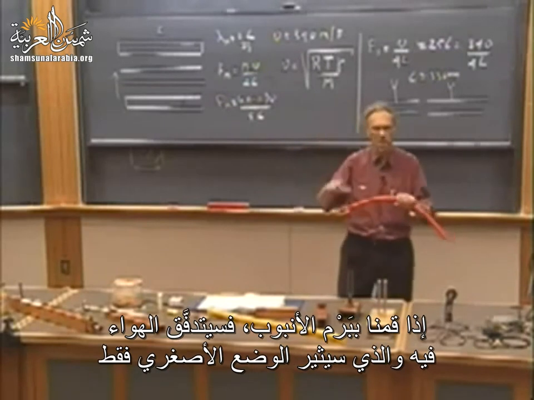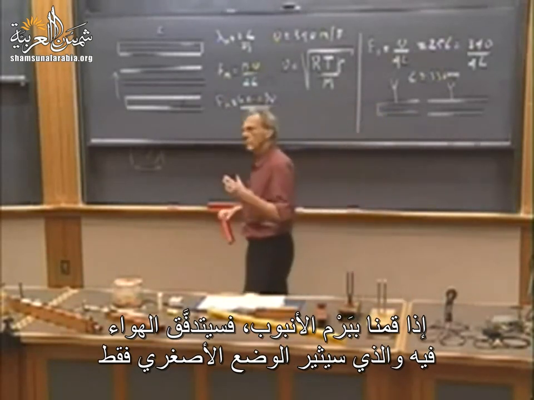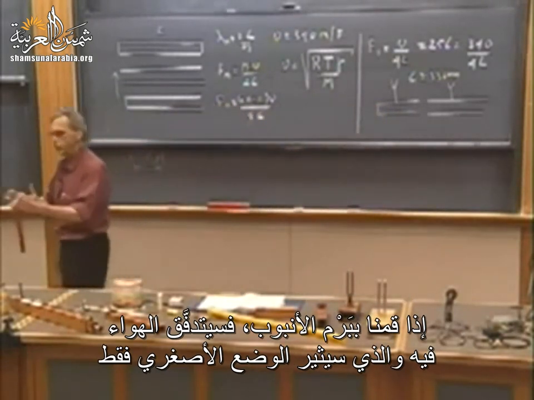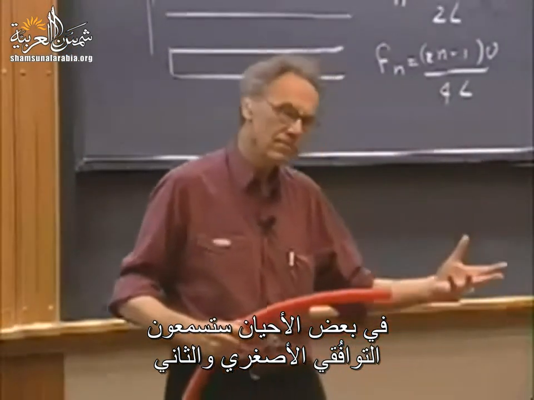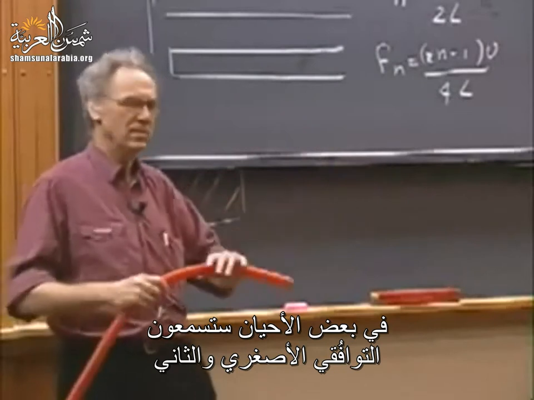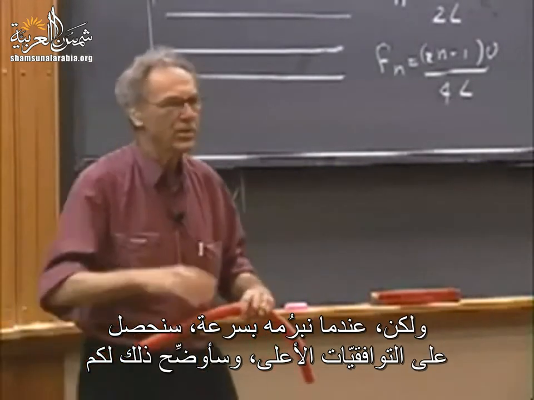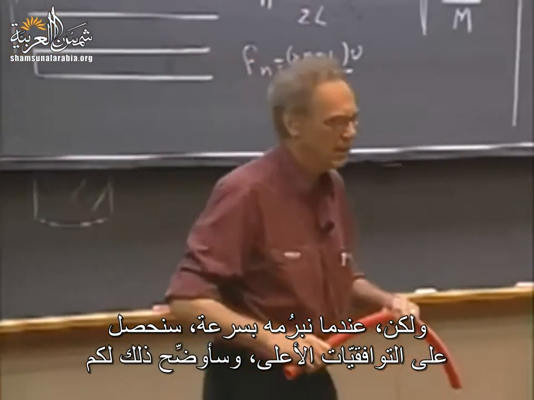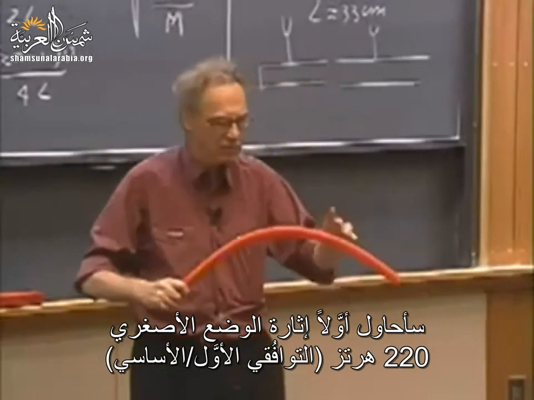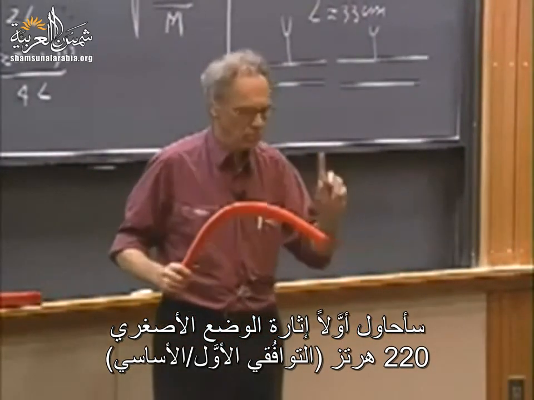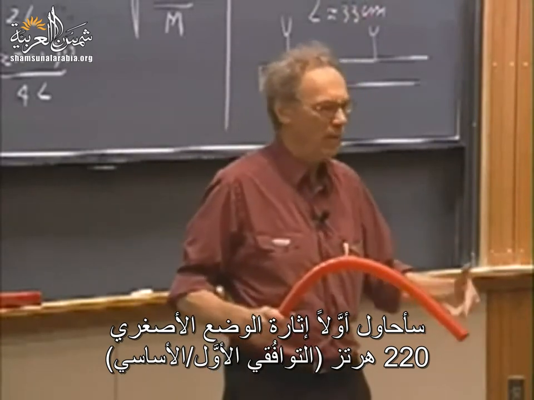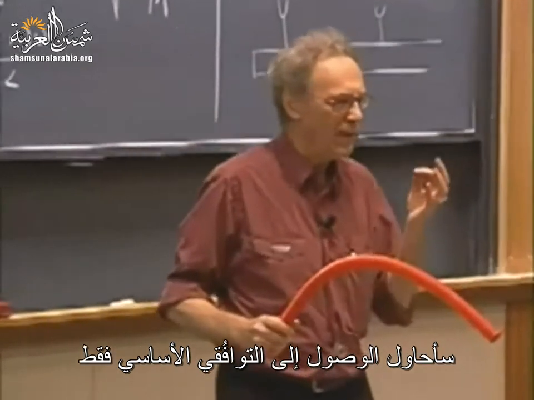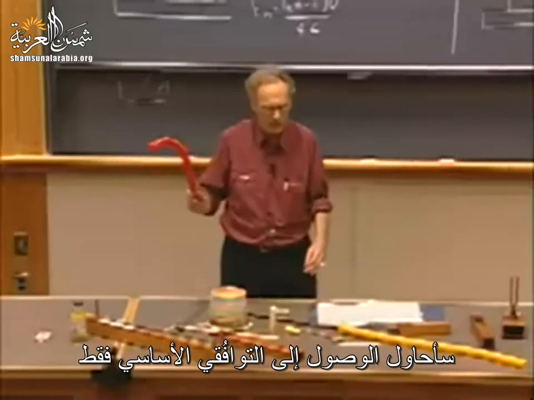And by twirling this around, with a little bit of luck, you can get a wind flow past here, which only excites the lowest mode. Sometimes you hear the lowest one and the second, but when you twirl it faster, you get higher harmonics. And I want to demonstrate this to you. I'll first try to excite the 220, which is the lowest mode possible, which is the first harmonic, the fundamental, and I'll try to make it clean, just only the fundamental.